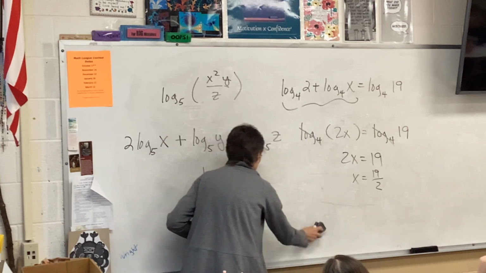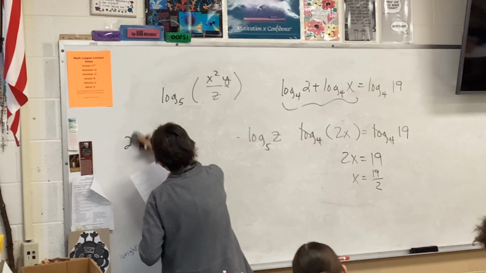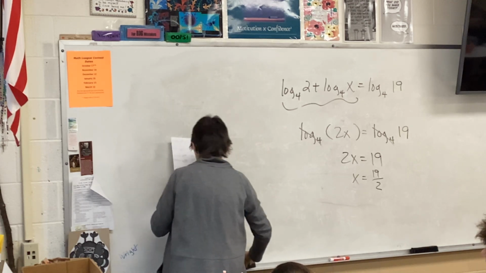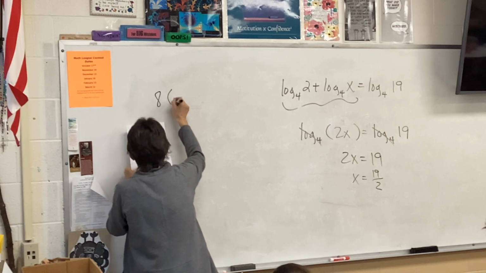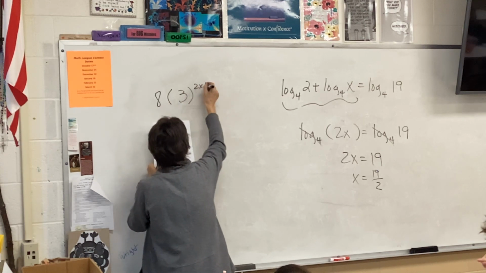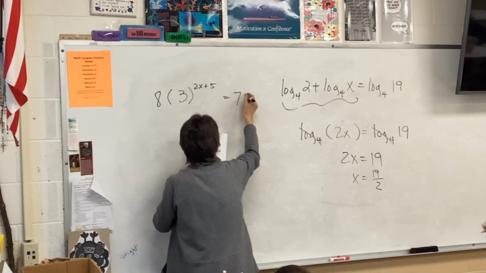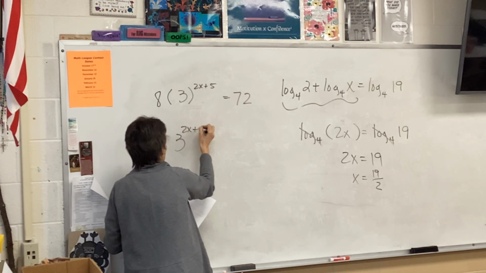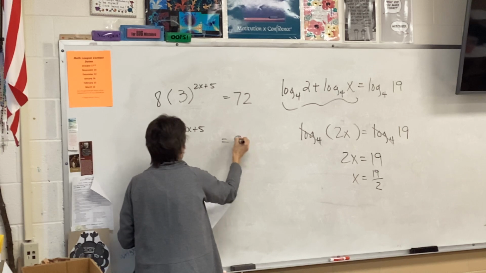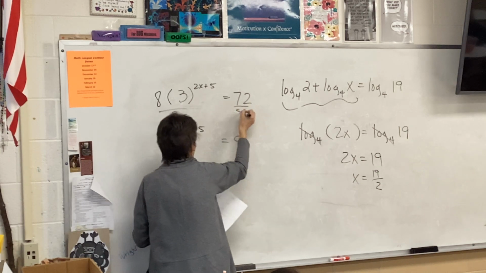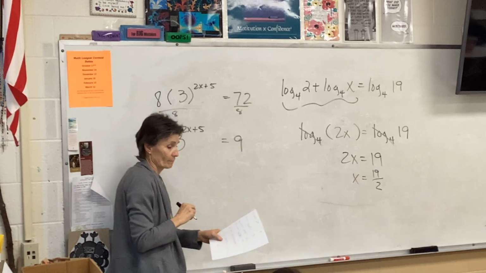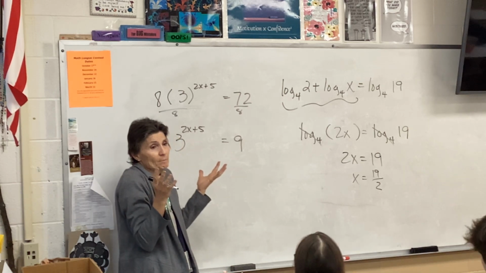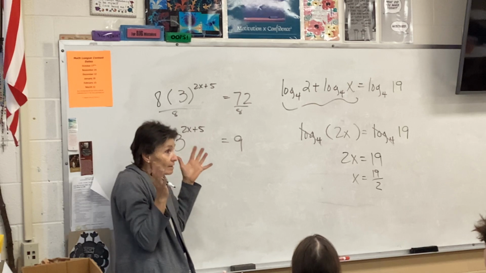All right, just a couple more and then we'll be done practicing. What do I do with number 11? First, start out by dividing the 8. Absolutely. And now life is just magnificent because what's 9? 3 squared.